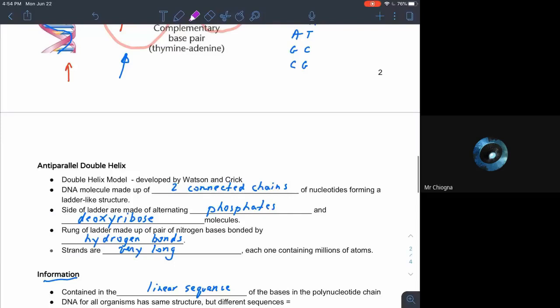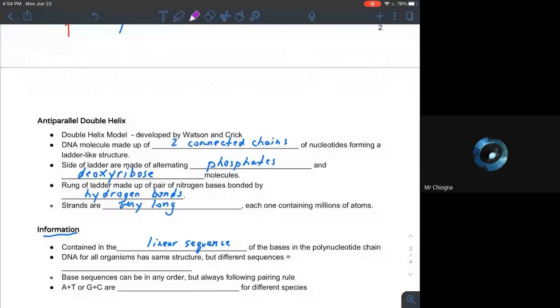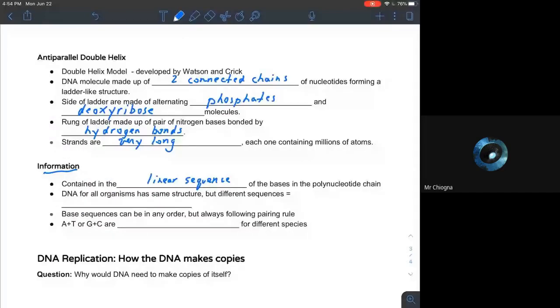So let's go back here. DNA for all organisms has the same structure, but different sequences equals different information.